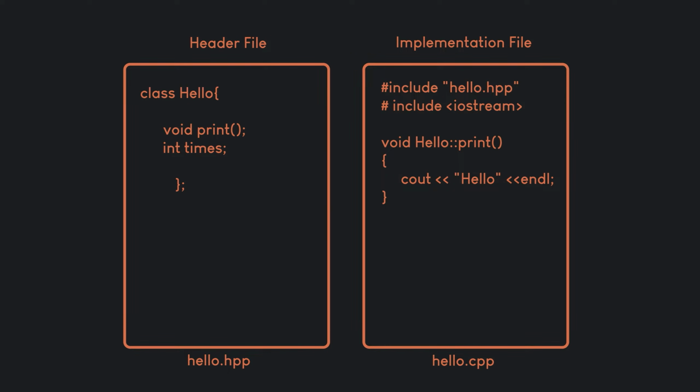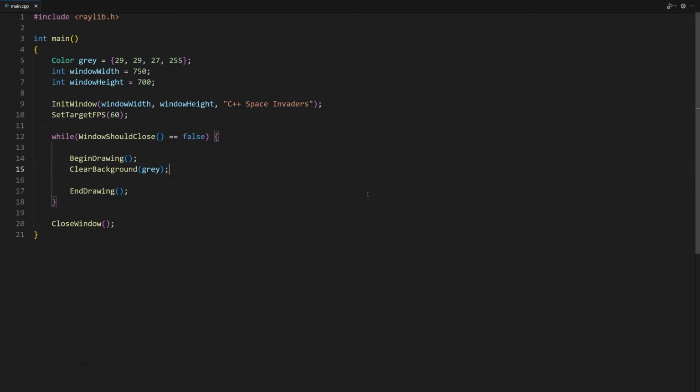This is where the member functions defined in the header file are implemented. Separating the class declaration from its implementation allows for better organization and abstraction of code, making it easier to manage and maintain large projects. So we will need to create two new files to create the spaceship class.